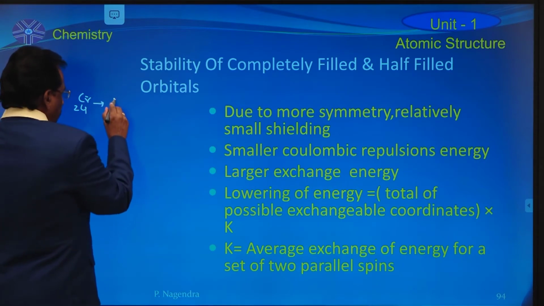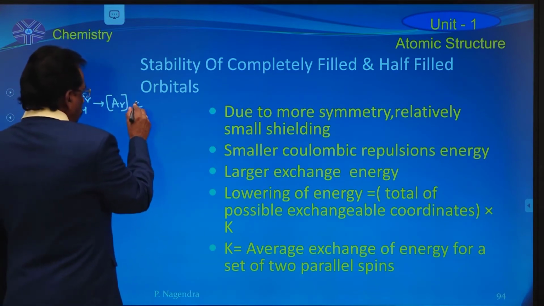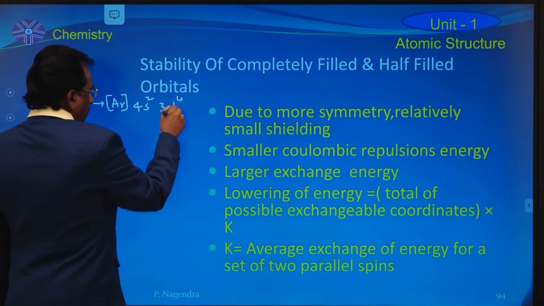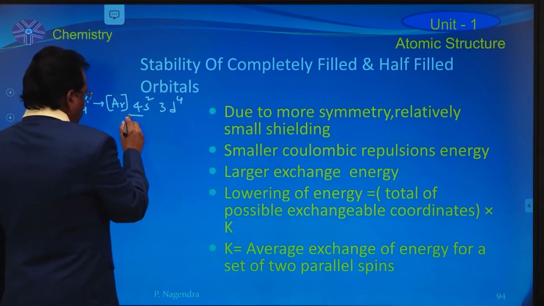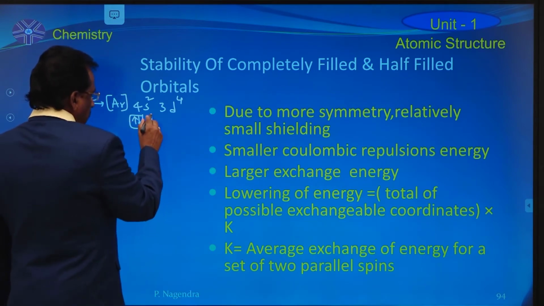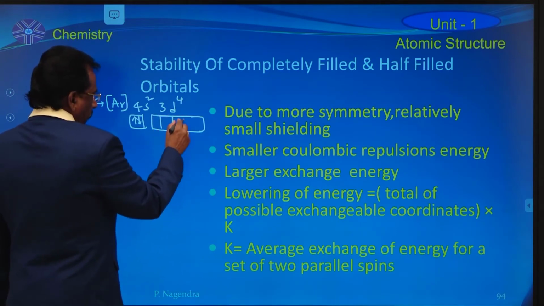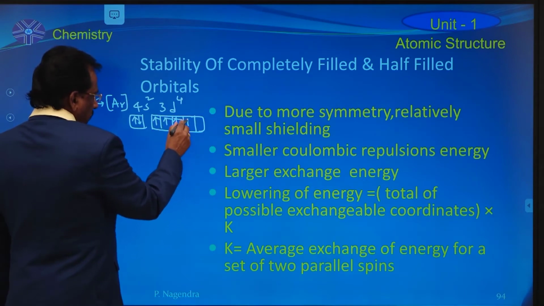Its actual outer electronic configuration is argon 4s2 3d4 actually. That means the 4s orbital contains 2 electrons and the 3d subshell contains 4 electrons like this.